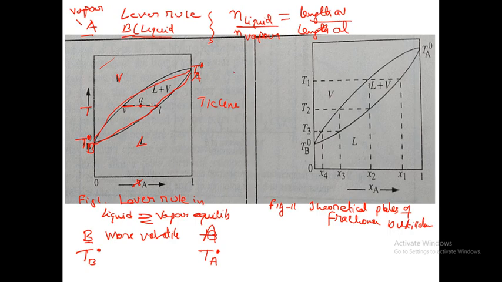Then the ratio of the amounts of liquid and vapor can be calculated with the help of this ratio equation, and this is called the lever rule.